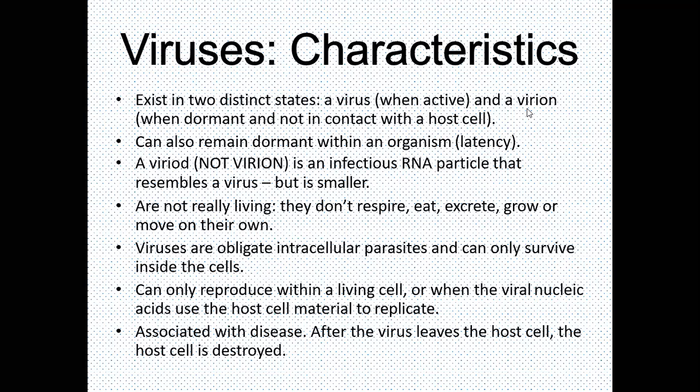That means it is an isolated virus, not infecting any other plants or animals. That is called virion. When attacking and infecting, it is called virus, which is active. Active means infecting other plants or animals. Host cell is the cell where the virus attacks.